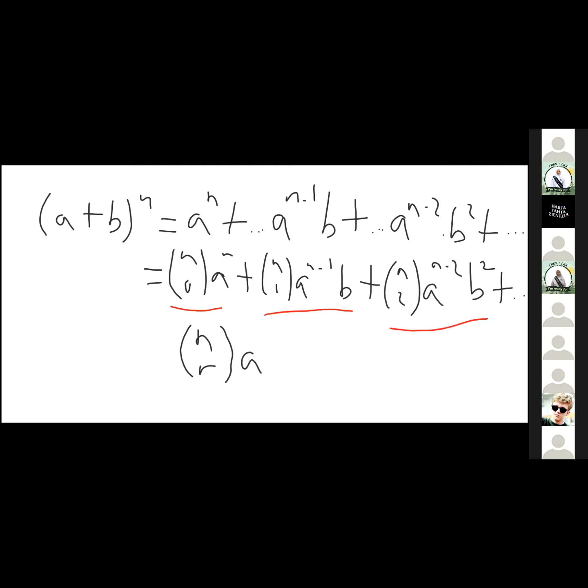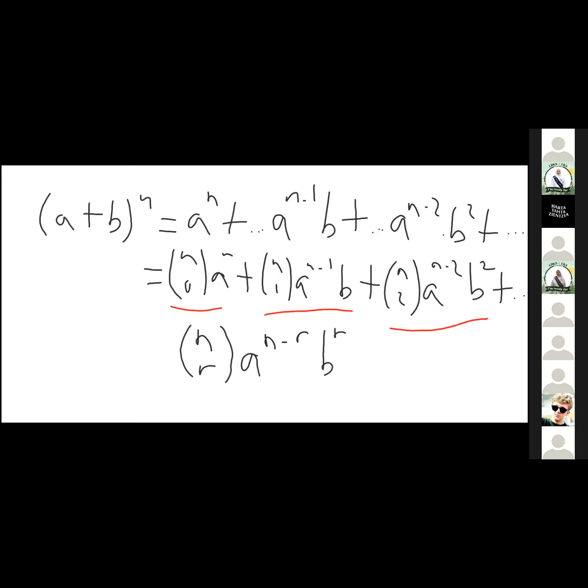a to the power of n minus k, sorry, n minus r, times b to the power of r. So r starts from 0.